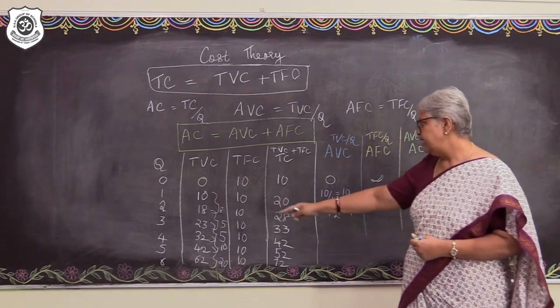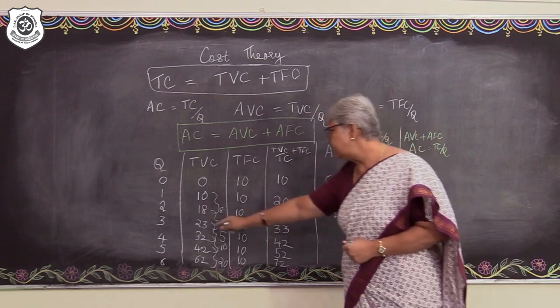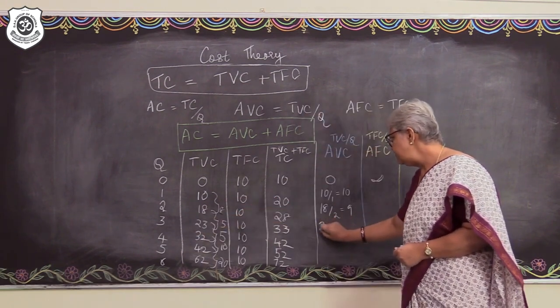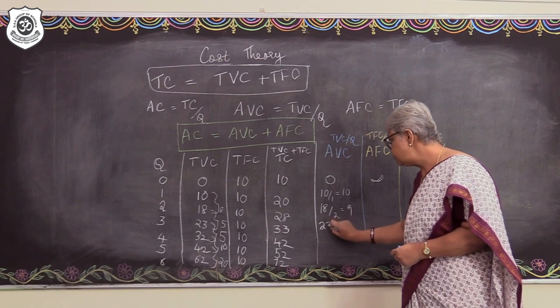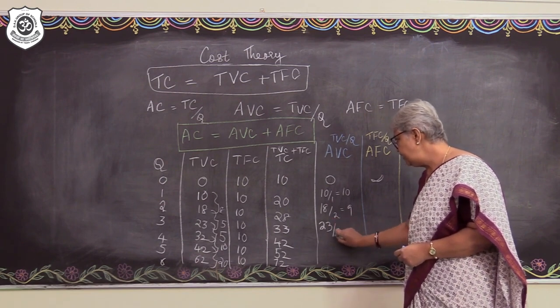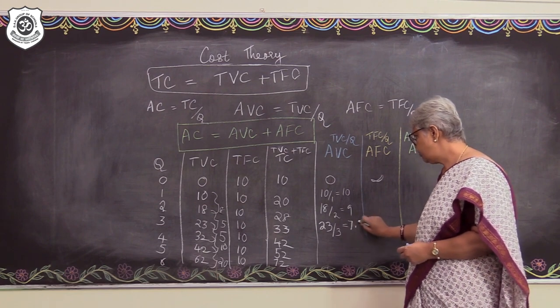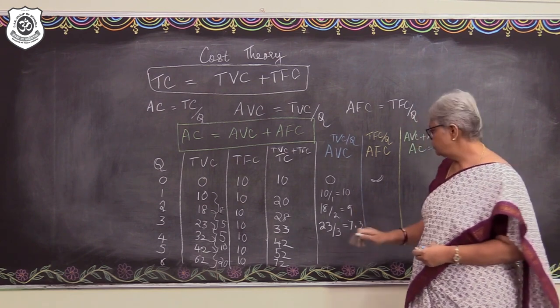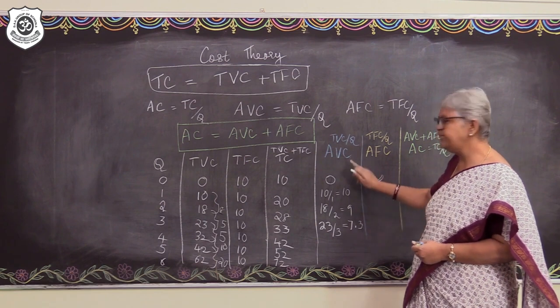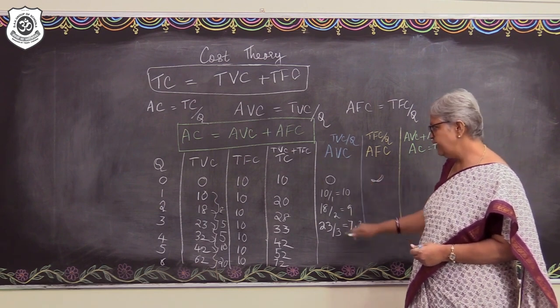Then when the output is going to increase to the third, what do we see? The average variable cost will become 23 by 3. So that will be 7.67, isn't it? So what do we see here? It's continuously falling. The AVC is continuously falling.